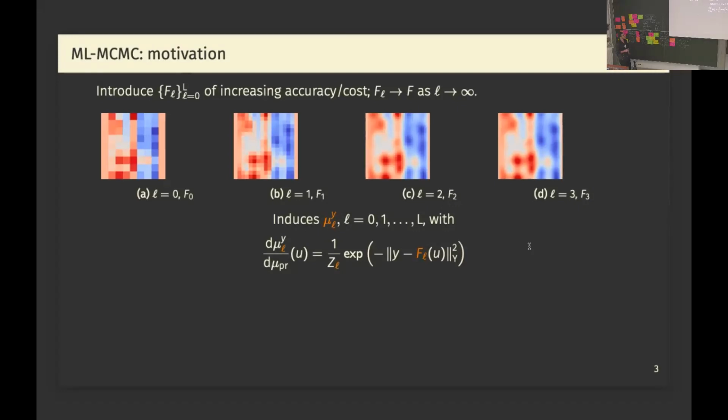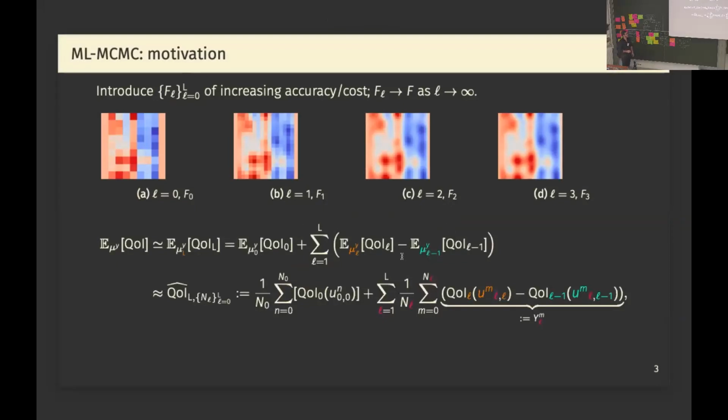Now, by inducing this family of forward operators, we induce a family of posterior measures mu^y_L that have this typical form here, where the level goes through the forward operator in this potential. Okay, once we have introduced that, we can go back to our original problem of estimating this posterior expectation by, again, approximating it as an expectation with respect to this discretized posterior, which we can then write in terms of this usual telescoping sum in multi-level methods.